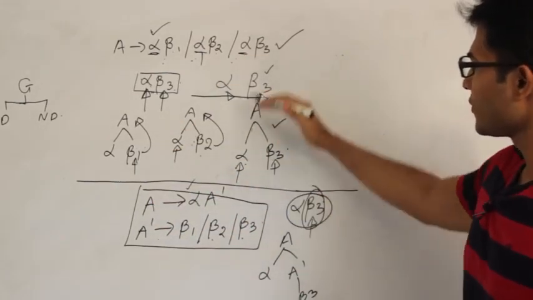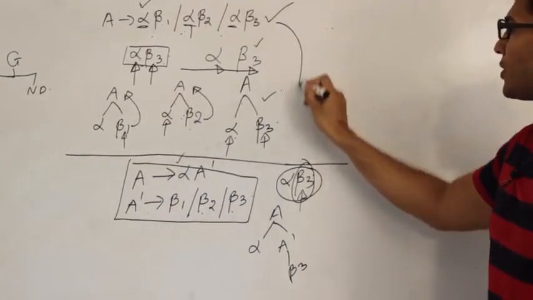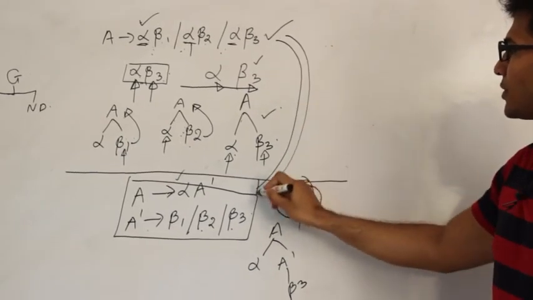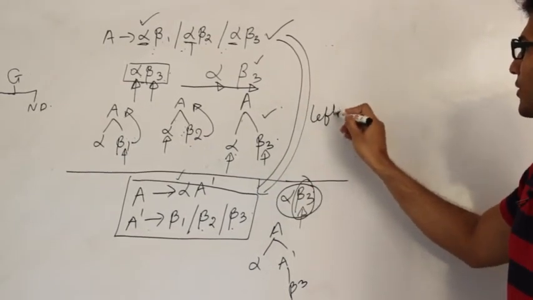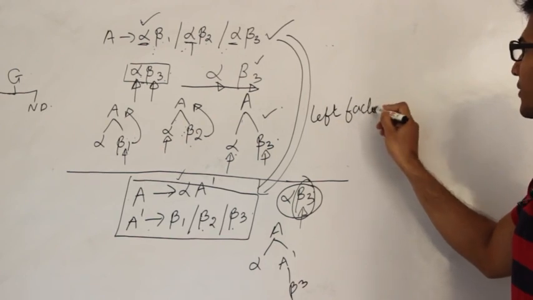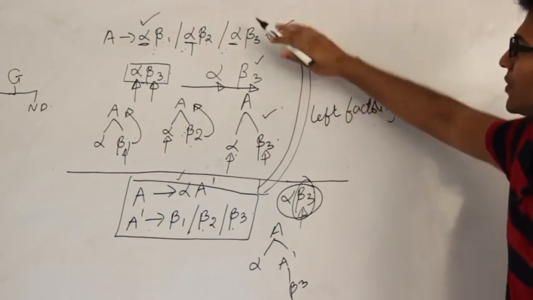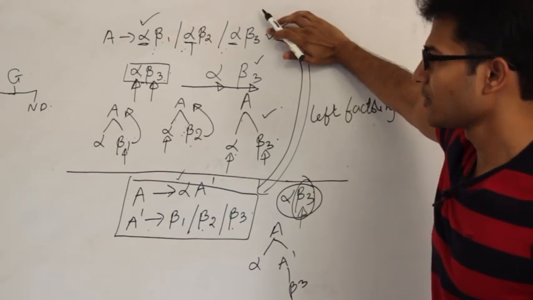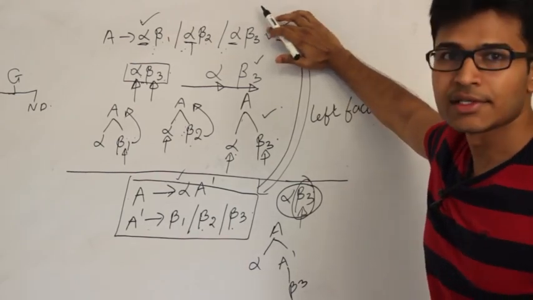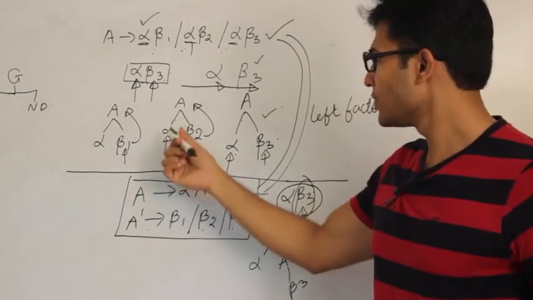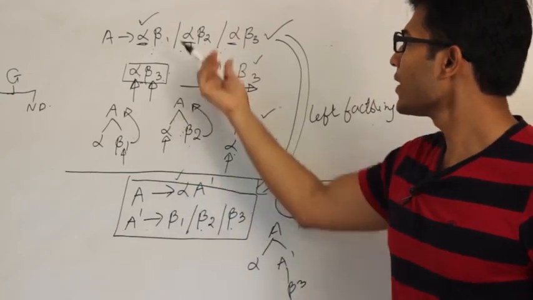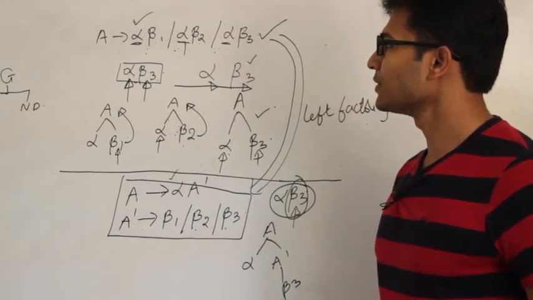And the procedure we used in order to convert a non-deterministic grammar to a deterministic grammar is also called left factoring. Okay, so what is the problem with non-deterministic grammar? Most of the top-down parsers will fail and will have to backtrack if we have non-deterministic grammar like this.